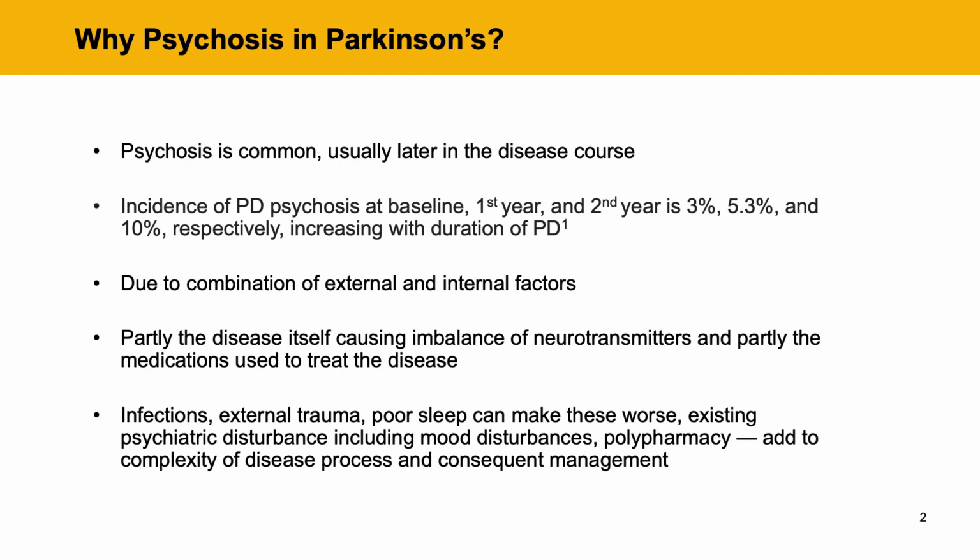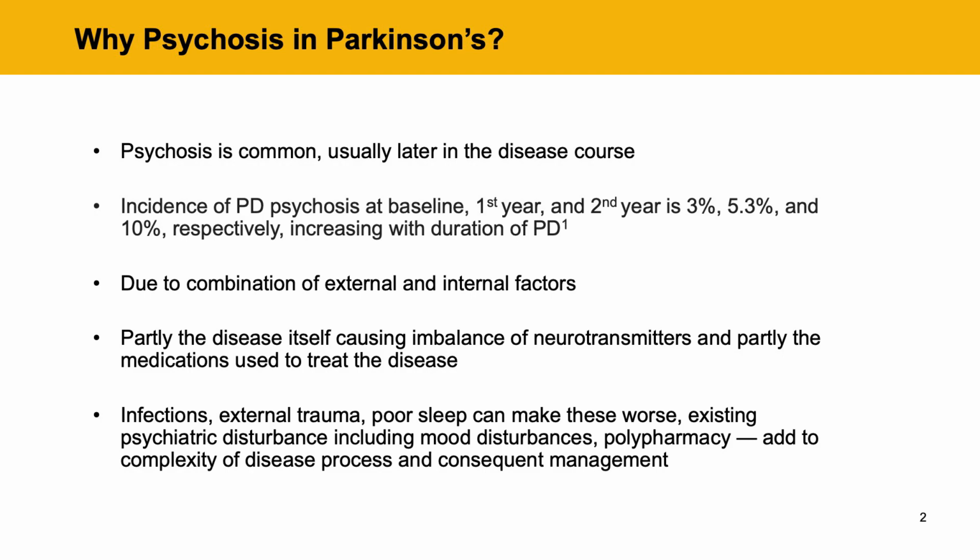And then the other factor, unfortunately, is the medications themselves that are required to treat the disease. So it becomes paradoxical, and we'll touch on how we could do a step-by-step management of those.